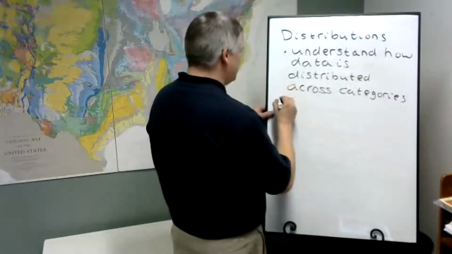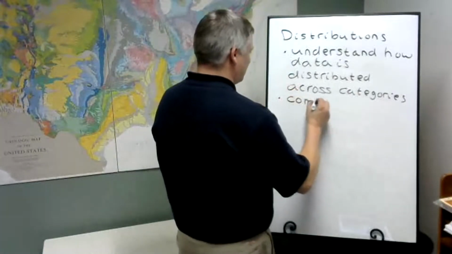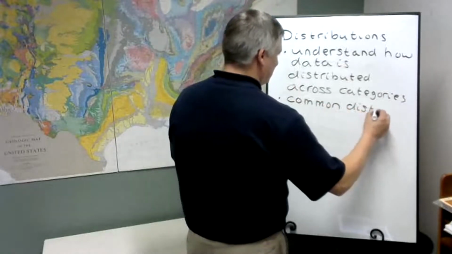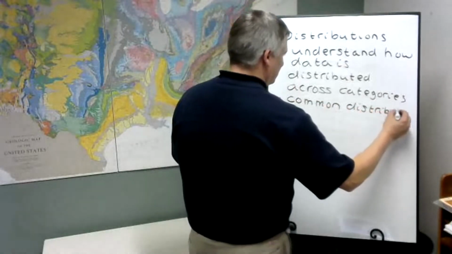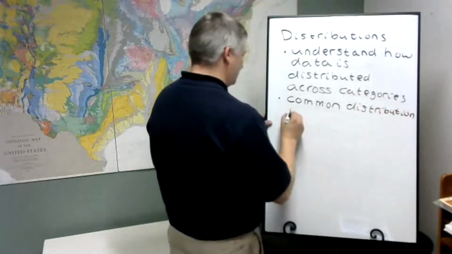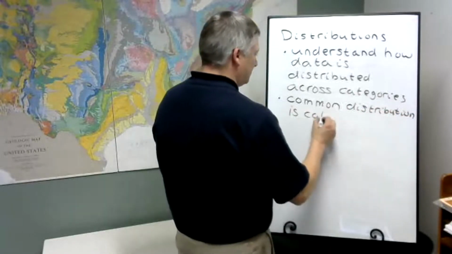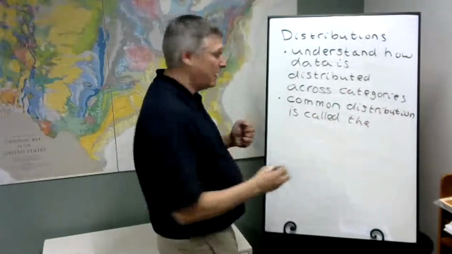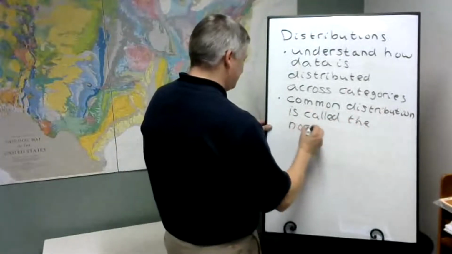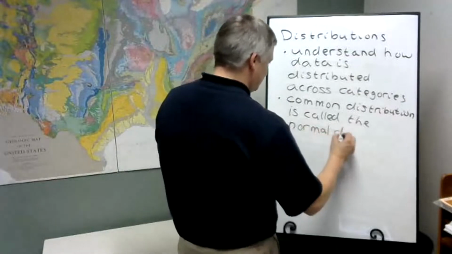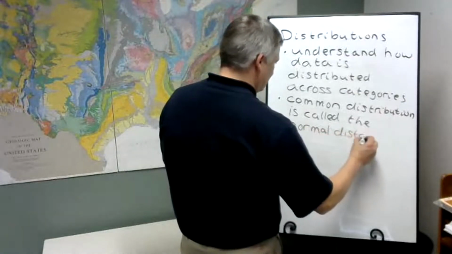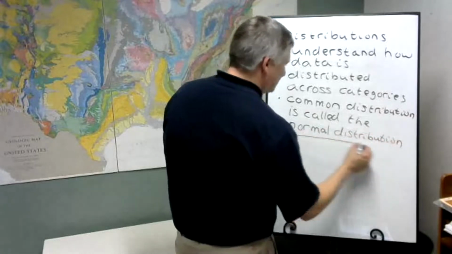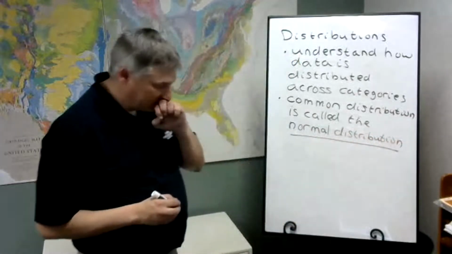Now, a common distribution is called the normal. This is a common one that comes up a lot, and there's a lot of uses for this distribution.